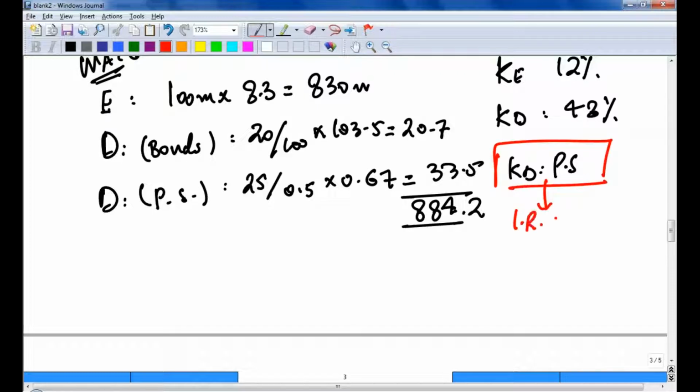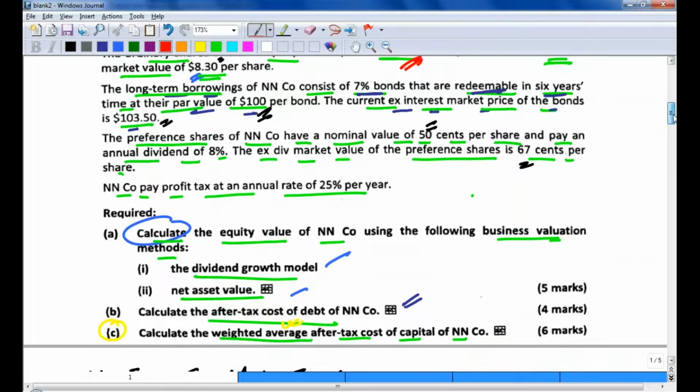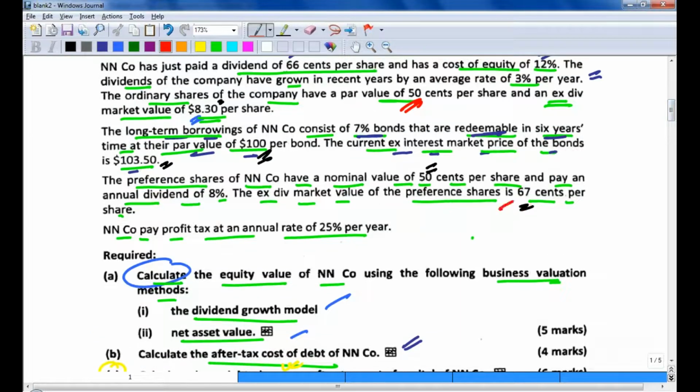It will be considered irredeemable because the time period is not mentioned. So KD is equal to dividend of preference shares divided by market value of preference shares. Market value is 67 cents, and the preference shares are 8% with nominal value 50 cents.